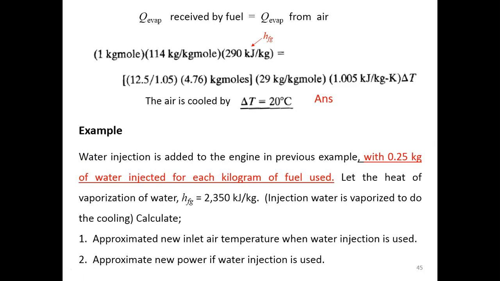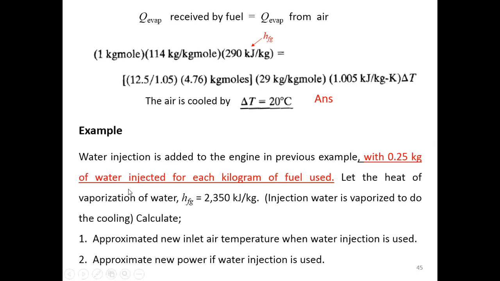The amount of water injected is 0.25 kilogram of water injected for each kilogram of fuel used, right? This information tells us that for every 1 kilogram of fuel used, we will inject 0.25 kilogram of water into our engine to do the evaporative cooling, right?